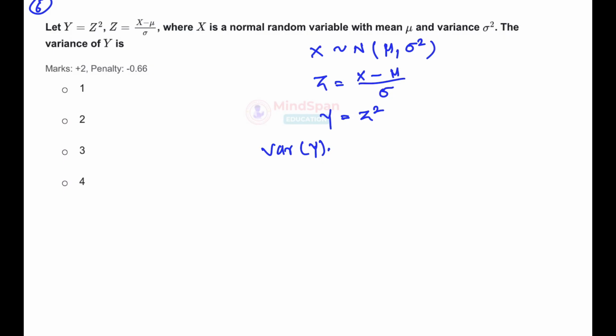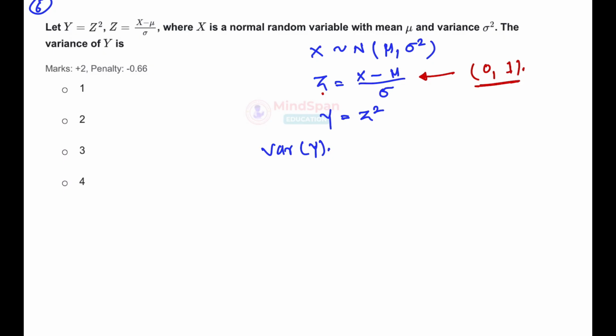If you see, we have done this a lot of times. This random variable z is a standard normal random variable with mean 0 and variance 1, right?